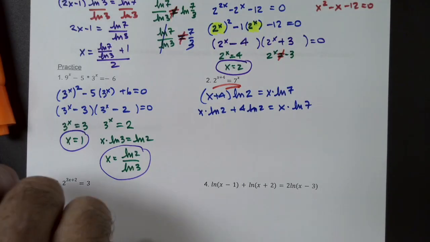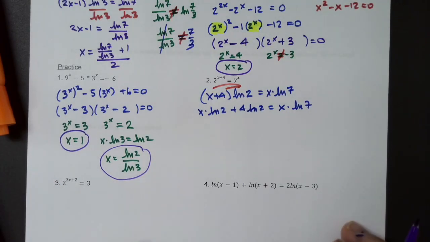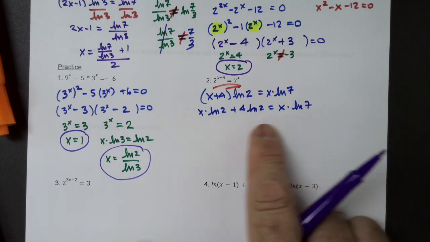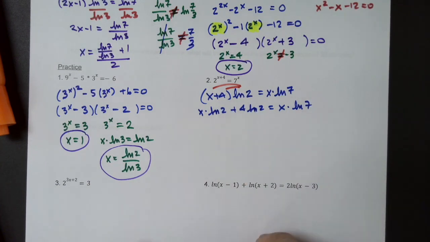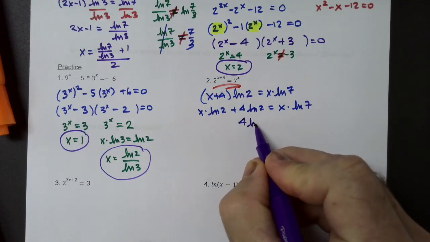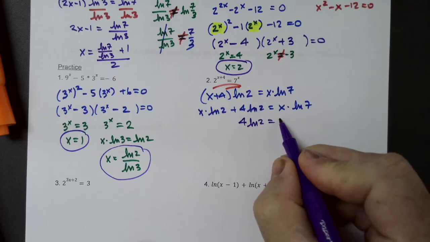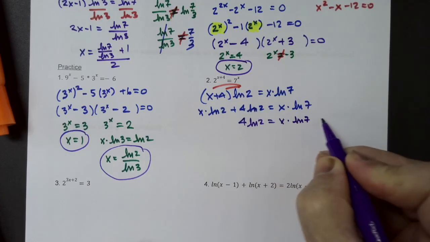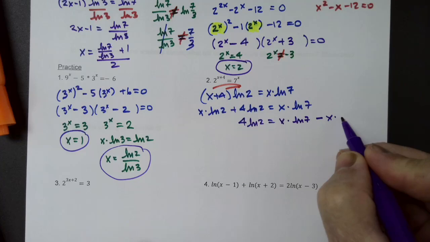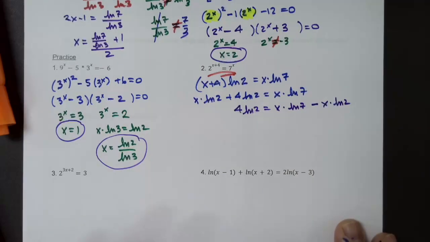Why don't we move our x's on this side, since this is positive. We'll just leave this guy right there. So this will be 4 natural log of 2 equals x times the natural log of 7 minus this guy here, x times the natural log of 2.